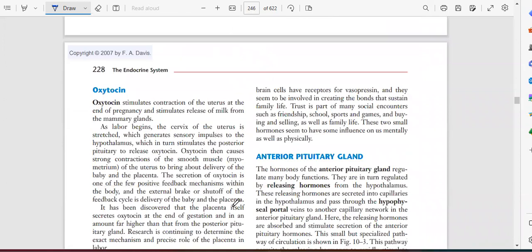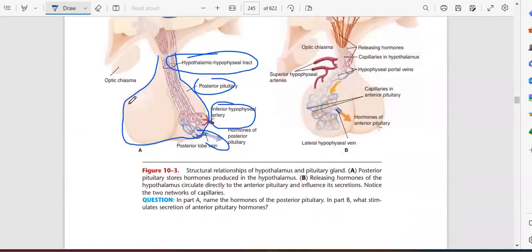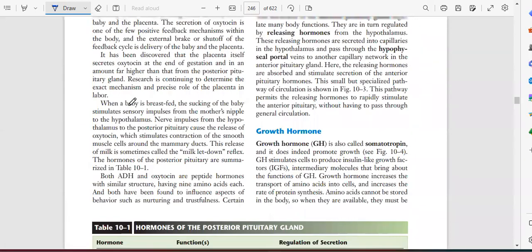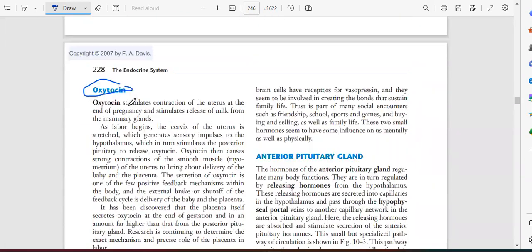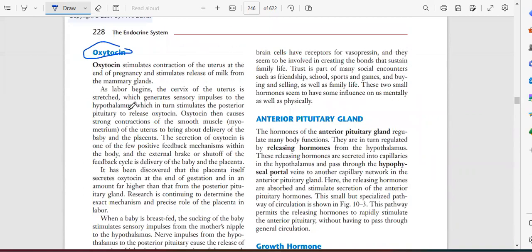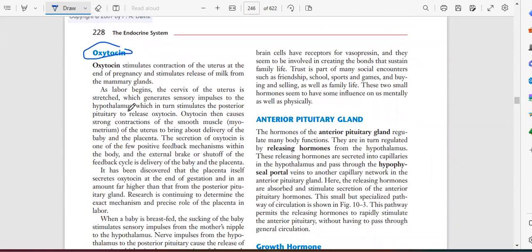Next is oxytocin. So the pituitary gland releases two hormones, antidiuretic hormone and oxytocin. What will oxytocin do? Oxytocin is very, very important during pregnancy. It will contract the uterus at the end of pregnancy. So whenever 9 months are completed, it will contract the uterus so the baby will come out, and it also stimulates the release of milk from the mammary glands.